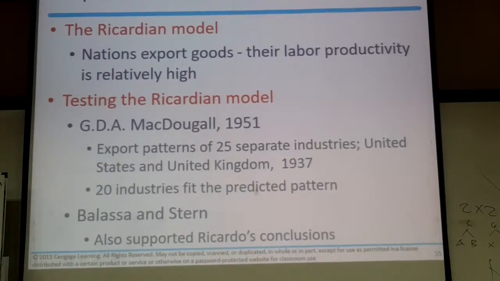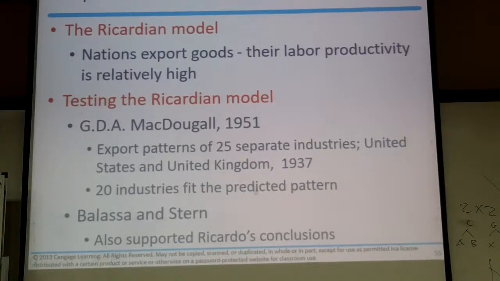So McDougall looked at patterns of 25 separate industries in the United States. In the 1937 data, 20 industries fit the predicted pattern, which is that the United States should export capital-intensive products. That's the predicted pattern based on comparative advantage. That fits for 20 industries.